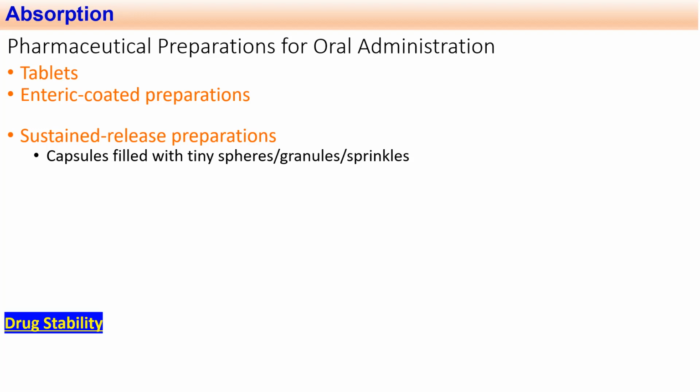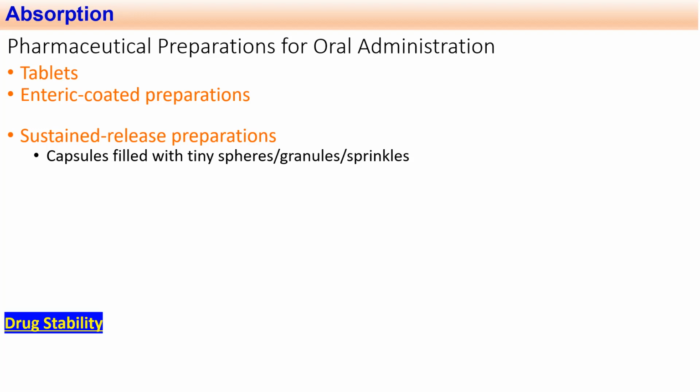Now, what is drug stability? Drug stability is defined as the capacity of the drug substance or drug product to remain within the established specifications to maintain its identity, strength, quality, and purity throughout the retest or expiration dating period.